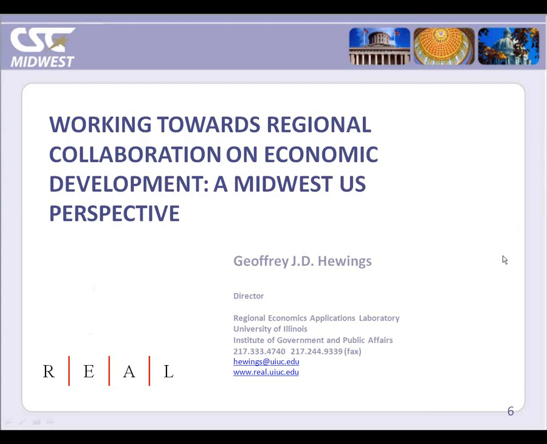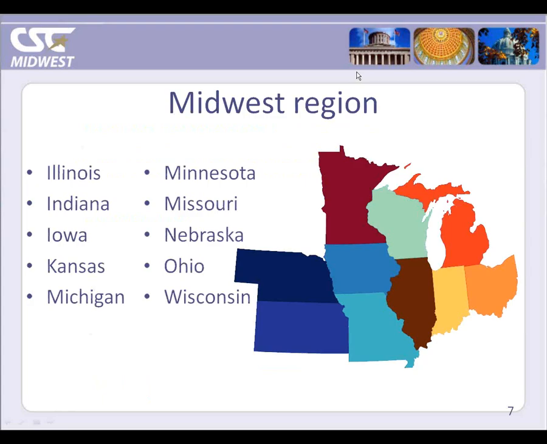So the goal here is then to provide you with some insights into the nature and the strengths of the interactions that are currently characterizing this Midwest economy. So if we look at the region that we're looking at, we have a very extensive geography for this Midwest.